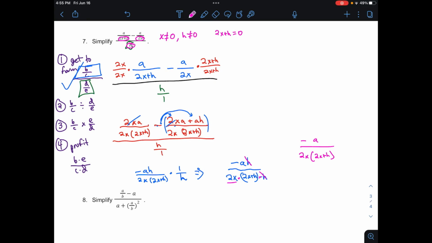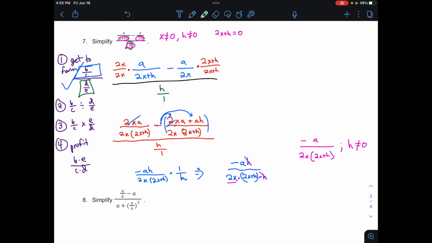We canceled out an h, that's all we canceled. We still have x and h down there. So by canceling out that common factor of h here and here, I need to make sure I state h does not equal 0. That's a little domain restriction I need to note.